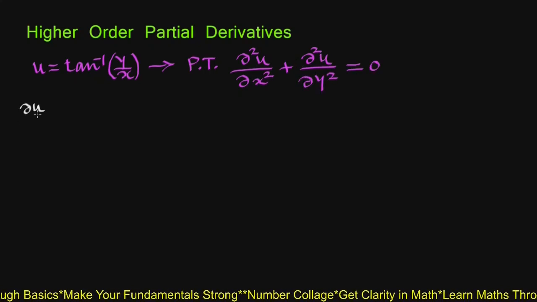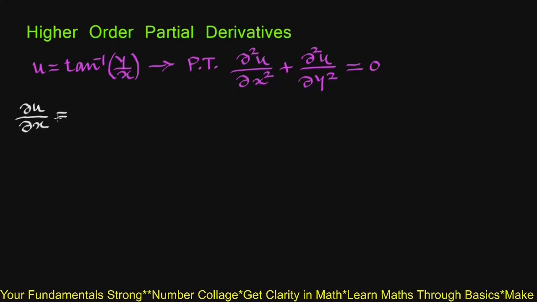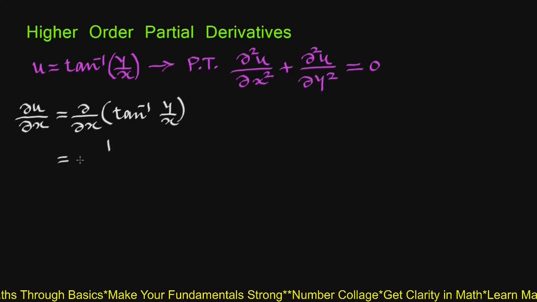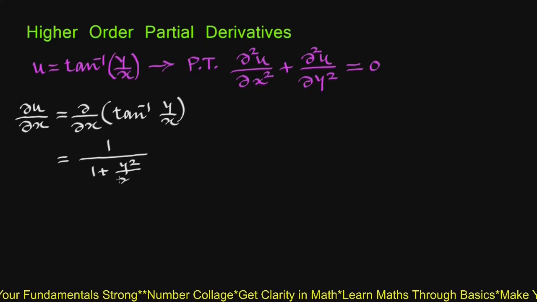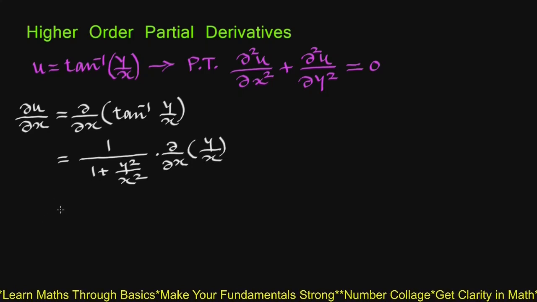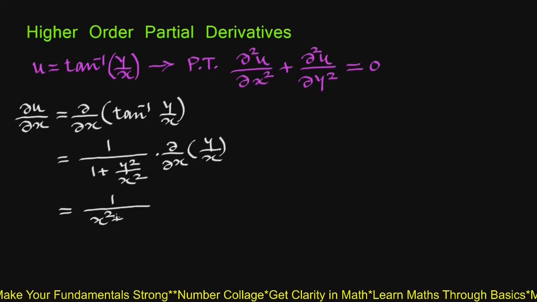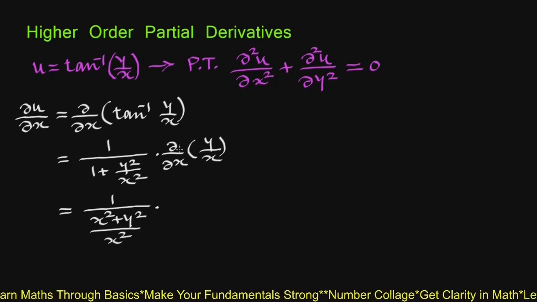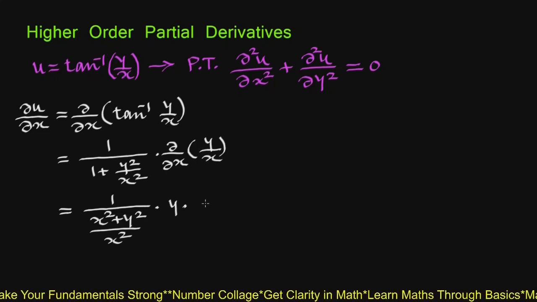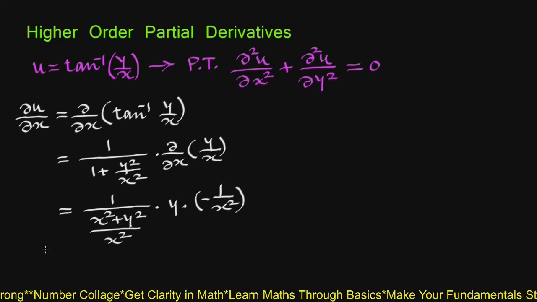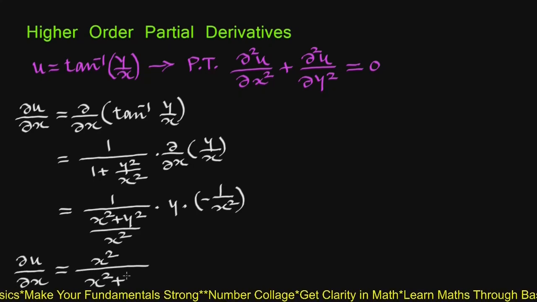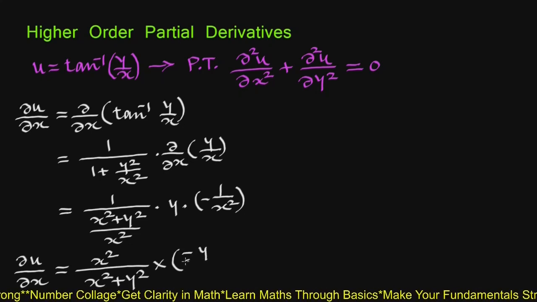First, we will find ∂u/∂x, that will be ∂/∂x of tan inverse of y/x, which is 1/(1 + y²/x²) into ∂/∂x of y/x according to the chain rule, which is 1/((x² + y²)/x²) into ∂/∂x of y/x, which will be constant y and derivative of 1/x will be minus 1/x². So ∂u/∂x will be x²/(x² + y²) multiplied by minus y/x².